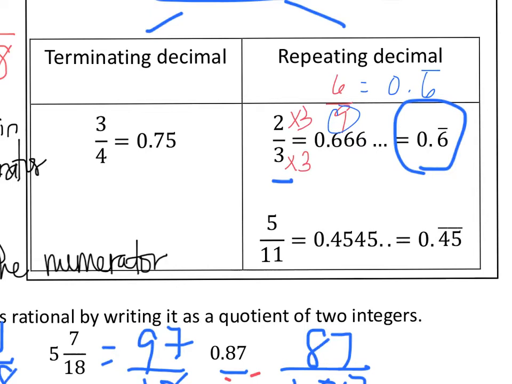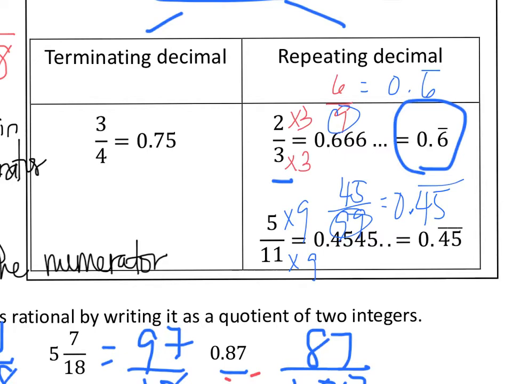And same thing for 5 over 11, times 9 over 9, so I get 45 over 99. You see I have 2 nines in the denominator, so I know it's going to be 0.45 repeating. It will only work in this case.